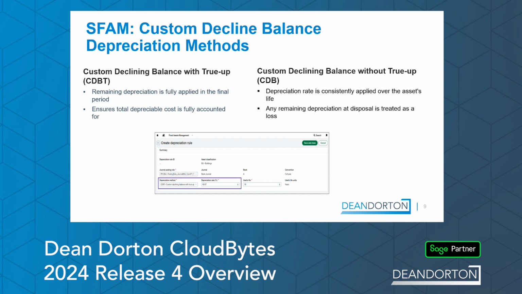So you'll have an ability here to design your depreciation rules. If you have a custom schedule of some sort, if your organization has to adhere to it for whatever reason, you've got the ability in the system now to have a lot more control over how the depreciation amounts are calculated.